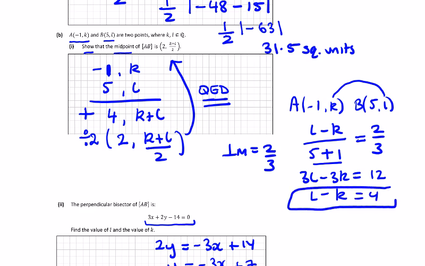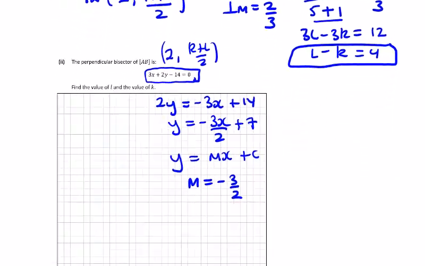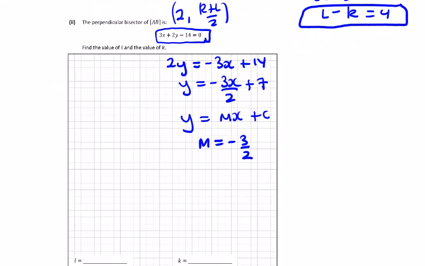So you should then go, okay, we've two unknowns. What other information have they given me to help? Well, the perpendicular bisector, the midpoint will be on that line. So (2, (k plus l) over 2) is on this line here. So let's sub it in there and get a value for K and L. So 3 times X will be 3 times 2, plus 2Y is plus 2 times (k plus l) over 2.